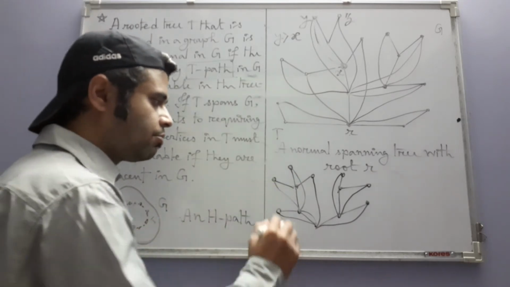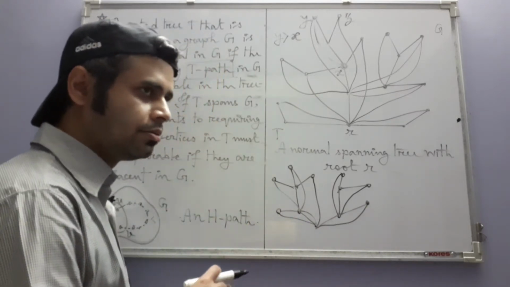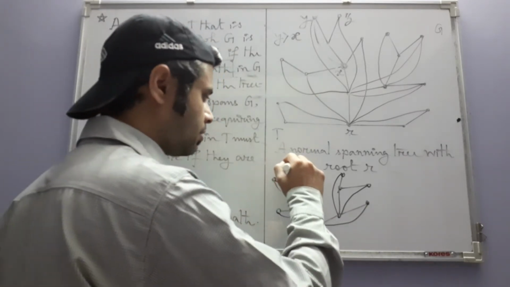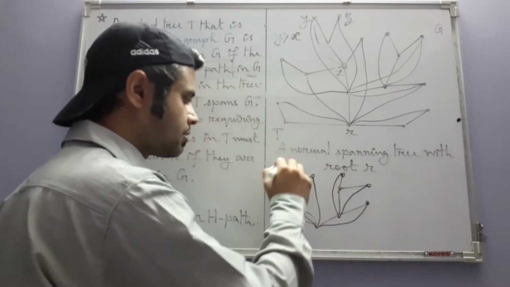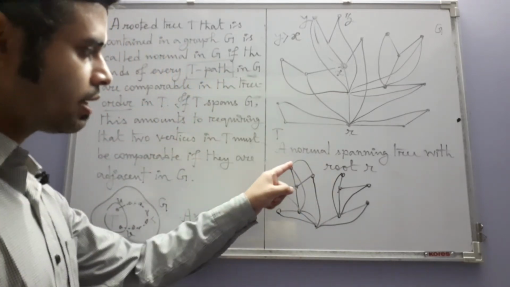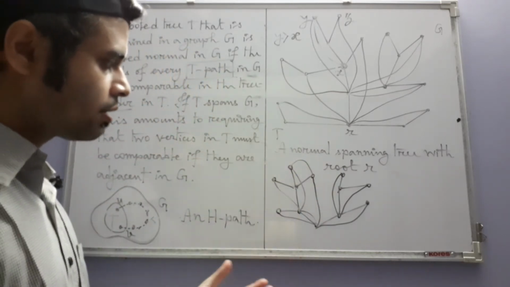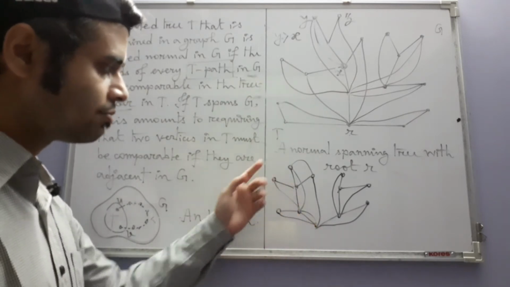Now if you want to make the tree not normal in a graph, you draw it by putting something extra, say one extra edge like this. This extra edge does not reflect the growth of the tree, how the branches have grown.